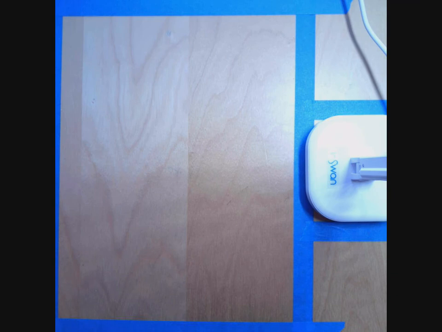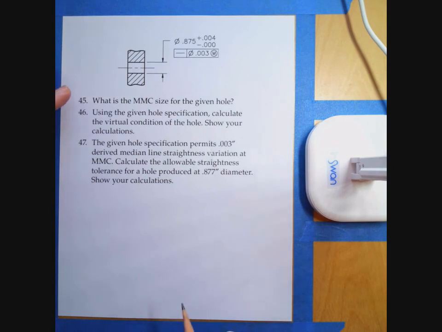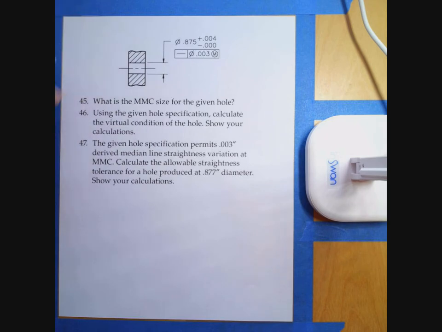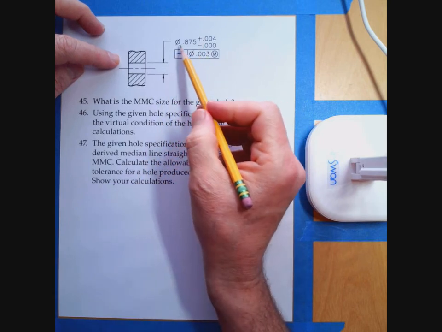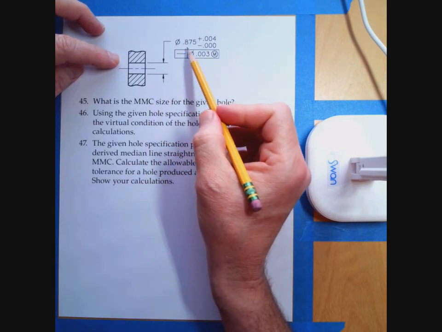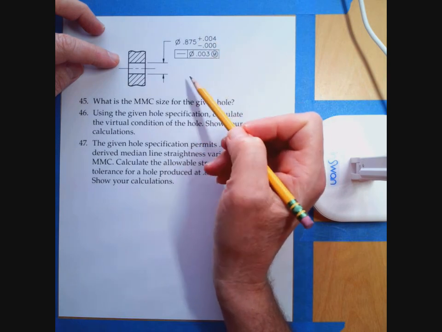Now this set of problems is going to be for the same drawing. We're going to look at problems 45, 46, and 47 here. For all three of these, we're referencing this dimension for a hole. So we have a hole that has a size dimension of diameter 0.875 minus 0, plus 4 thou.